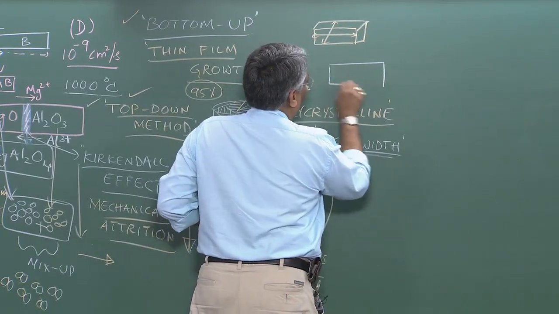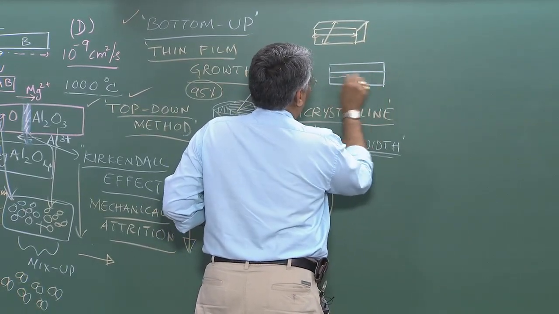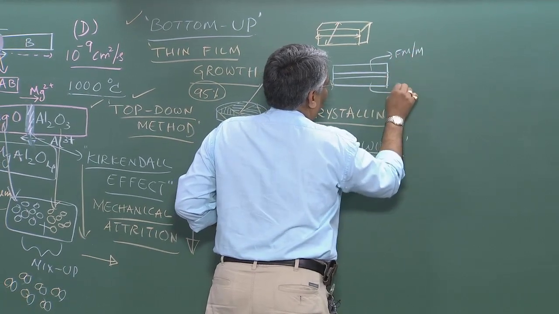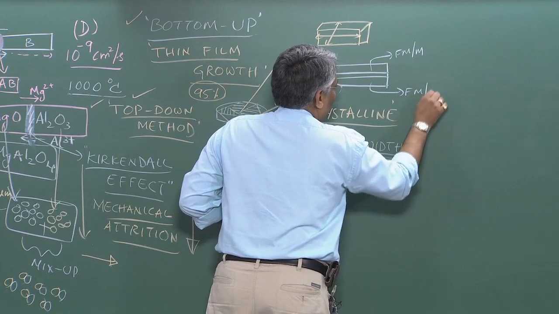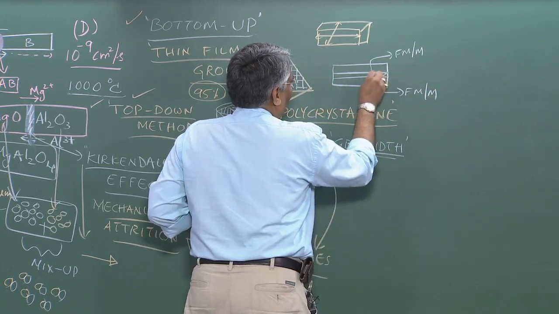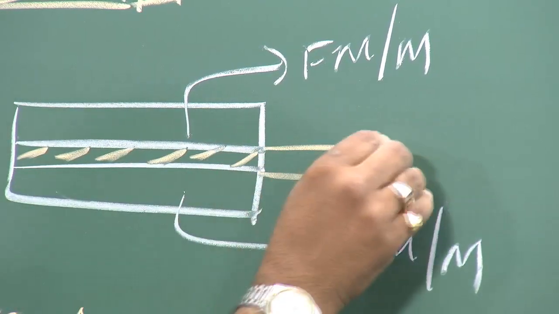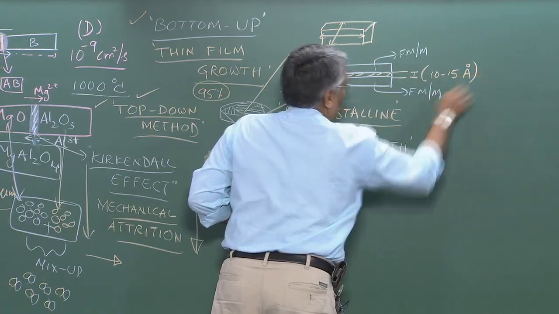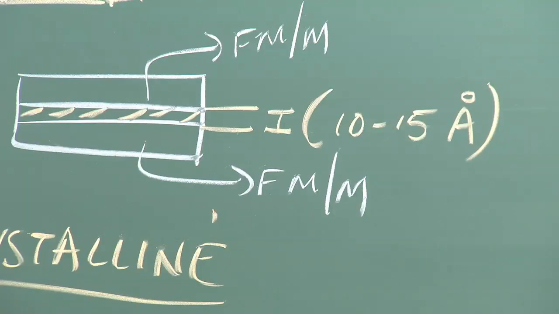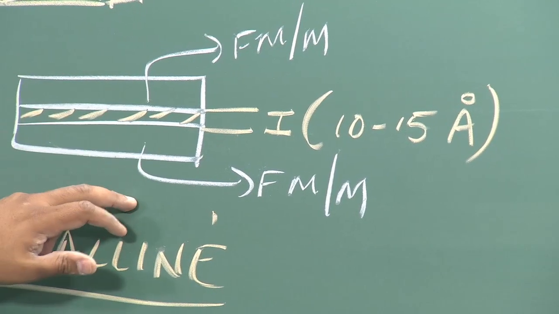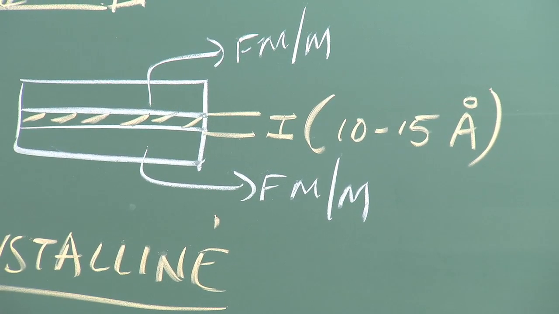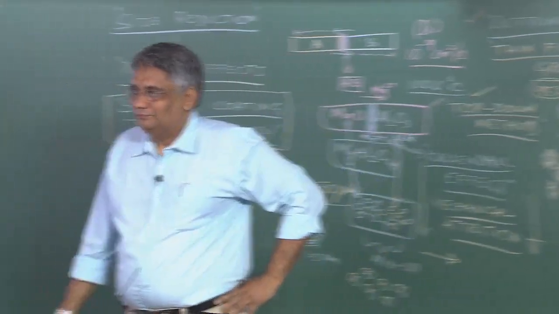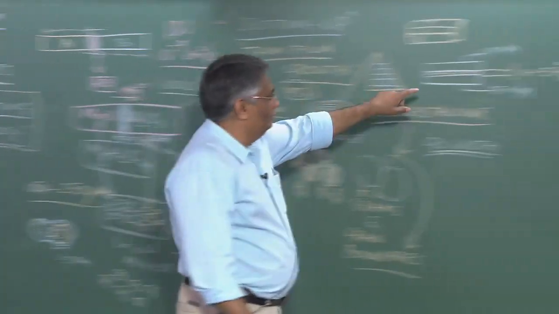Now, suppose we have a multilayer. Again, going back to the same ferromagnetic metallic layers, and this I said is an insulating barrier of 10 to 15 angstroms thickness. Two ferromagnetic metallic layers, artificially grown layers, separated by a very thin insulating barrier of the order of 10 to 15 angstroms.